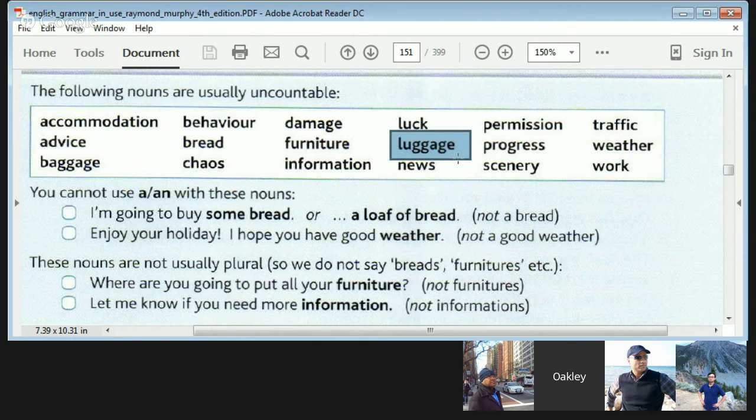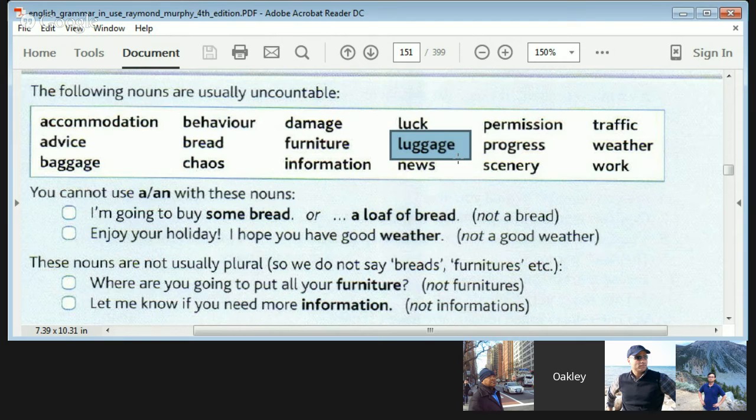However, suitcases are countable. Where's the logic in that? I don't know. I don't see it. It doesn't make any sense, frankly. Why? I'm referring to the same thing. Baggage, luggage, suitcase.